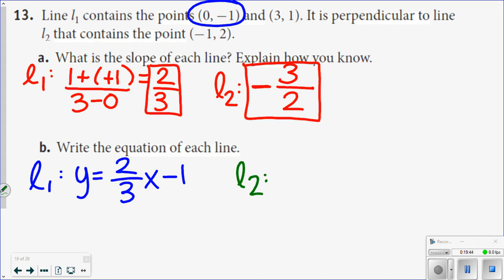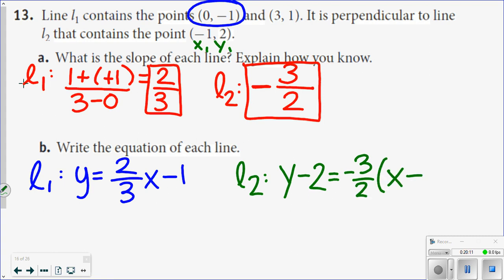Line 2. We know the slope, and we know a point x1, y1. So hopefully you have your point slope notes out in front of you. So y minus y1, which is 2, equals m, the slope, parentheses x minus my x1, which is a -1, but two negatives make a positive, so plus 1.